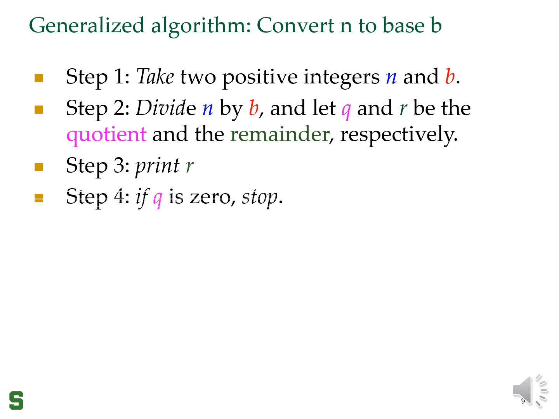So this is the algorithm to convert to base b. We divide n by b, and let q be the quotient. We take the quotient and the remainder, and when the quotient becomes 0, we stop.